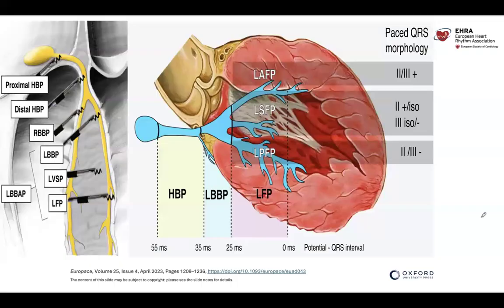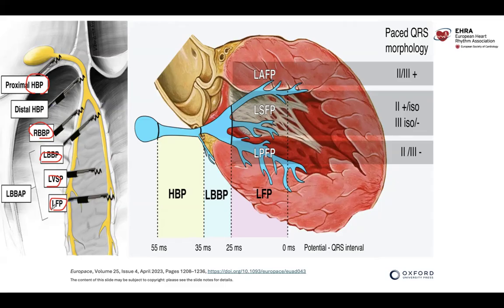Anyways, like we said, technically you can pace the HIS bundle, the right bundle, the left bundle, the left ventricular septum, and even the fascicles. So there are many different areas that you could attempt to pace.